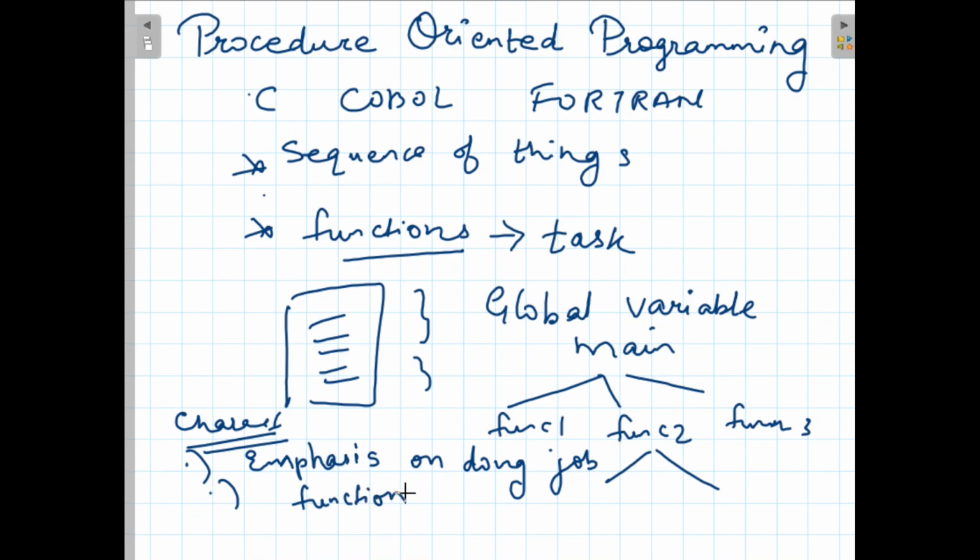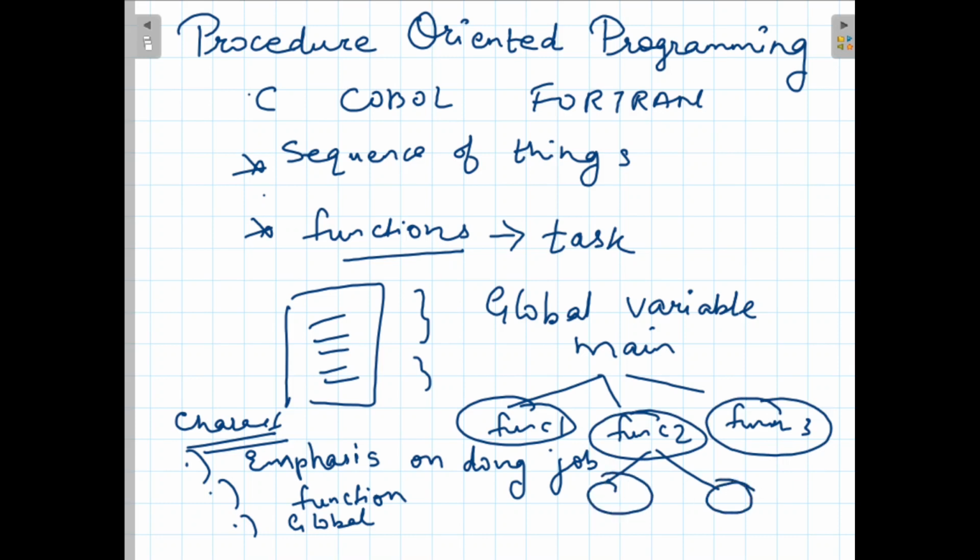Next, most of the functions use global data, and the data moves freely between the various functions, and functions transform the data from one form to another. This approach is called the top-down approach in program design.